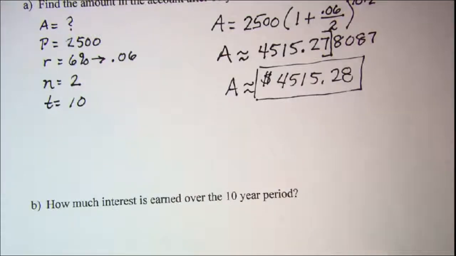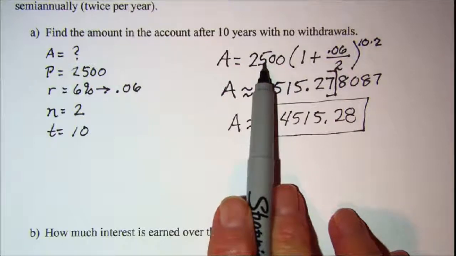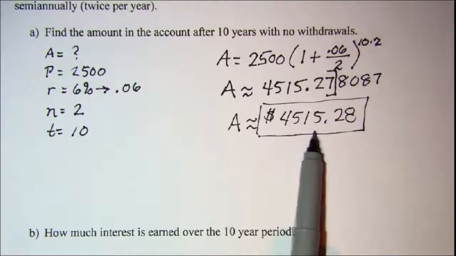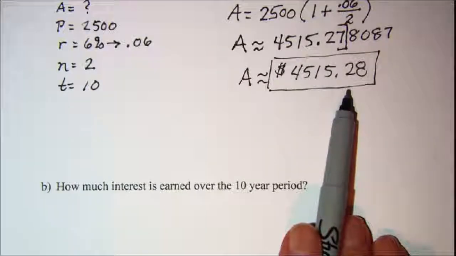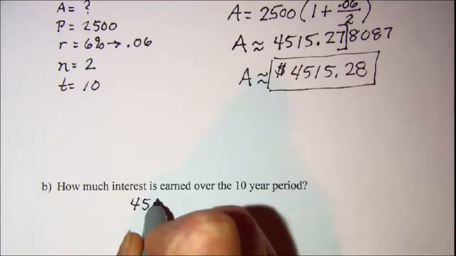Then we can find out how much interest is earned. Remember that interest is the difference between the present value, which was $2,500, and the future value, which is $4,515.28. So my interest earned, I'll just show this work.